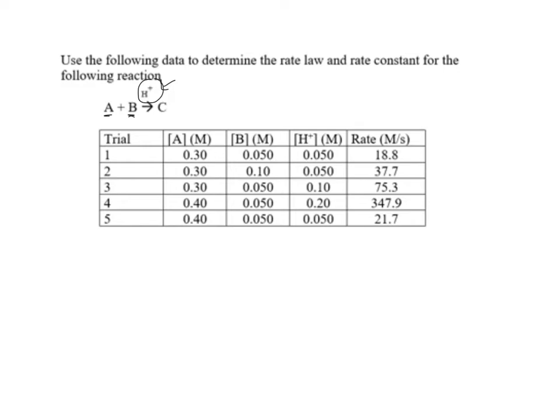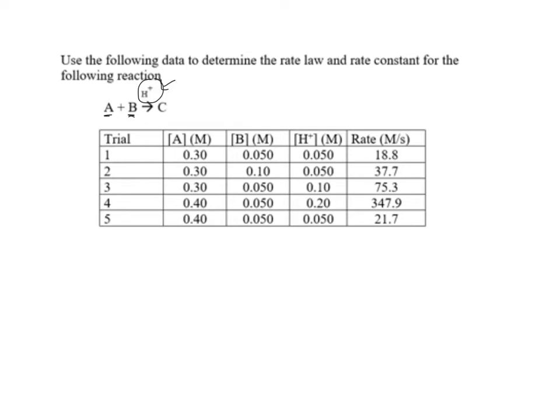And so now what we want to do is, using this data, try to determine the rate law. First the rate law, and then the rate constant for the reaction. Now remember in class I said that if we wanted to solve for the order of A, we'd want to pick two trials in which A is varied, but any other component is held constant.